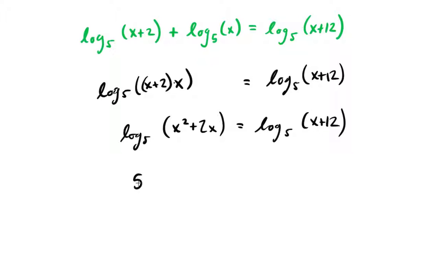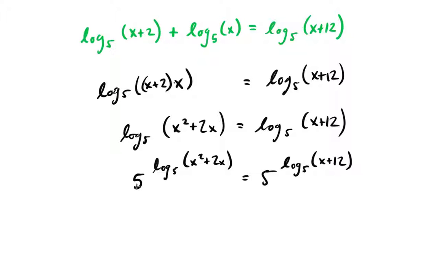But basically what we're going to do is put both the left and the right hand side of this equation as exponents on whatever the base of the logarithm is. Okay, so the base of this logarithm is 5, so we're going to let both sides of the equation be an exponent. Because if this is equal to this, then 5 raised to this number should be equal to 5 raised to the same number, right?